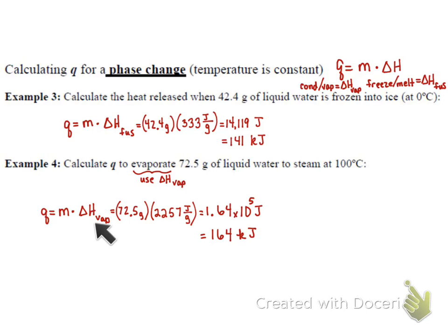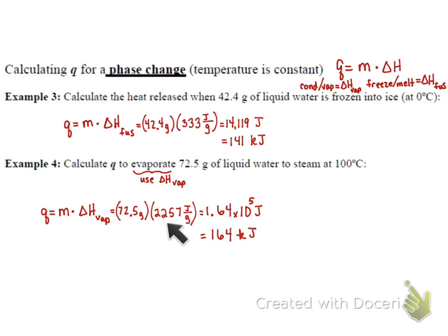Q equals M delta H. Mass is 72.5. Notice that the delta H of vaporization is huge, 2,257 joules per gram. So that makes the answer 1.64 times 10 to the 5 joules, or 164 kilojoules.